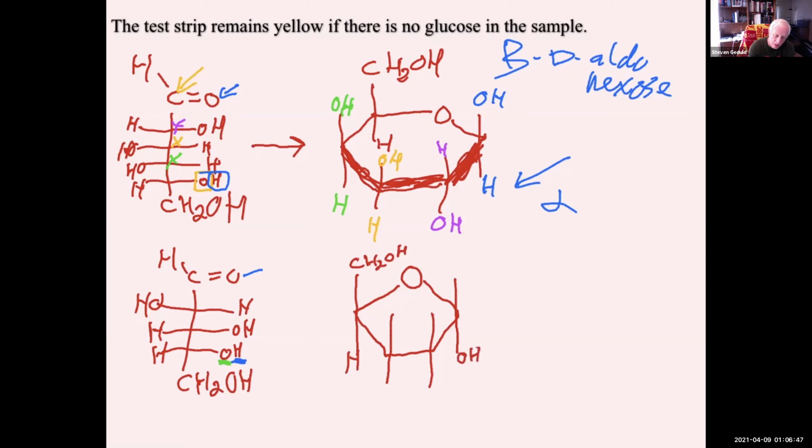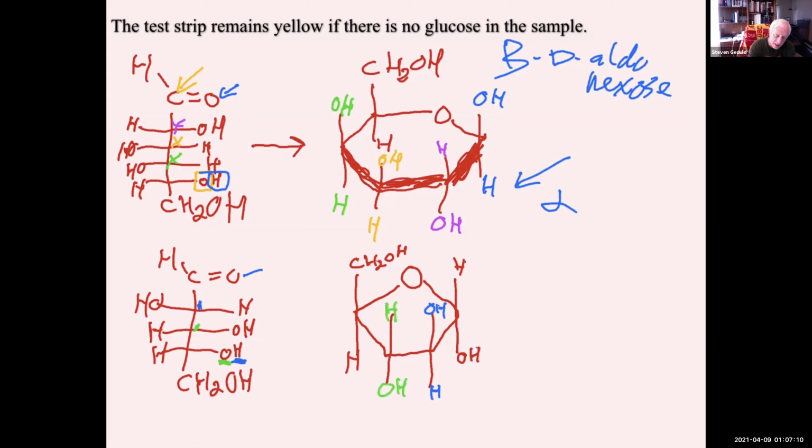This is where the carbonyl group was. And then our number 2 carbon is right here, and the OH is on the left, so it goes up. And on carbon number 3, the OH group's on the right, so it goes down. And that's it.